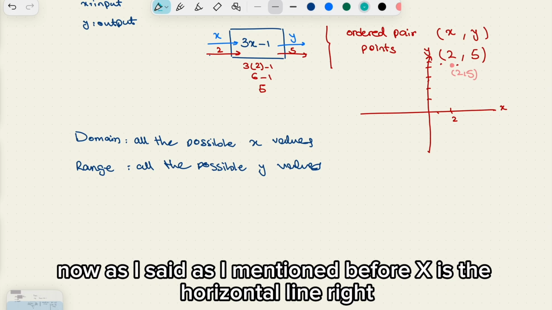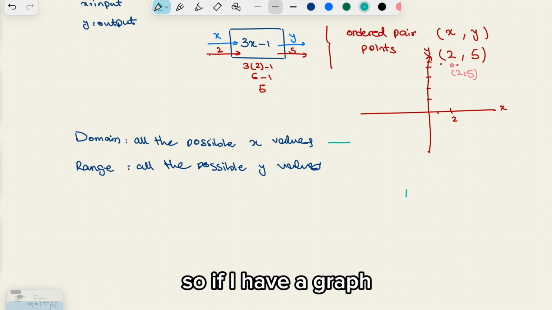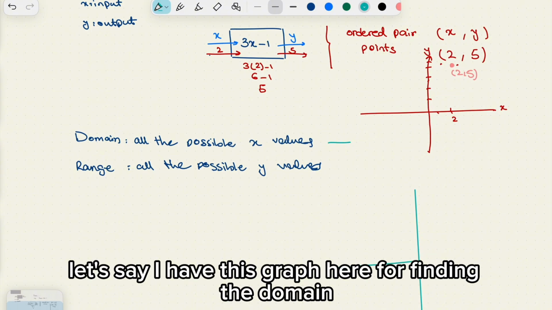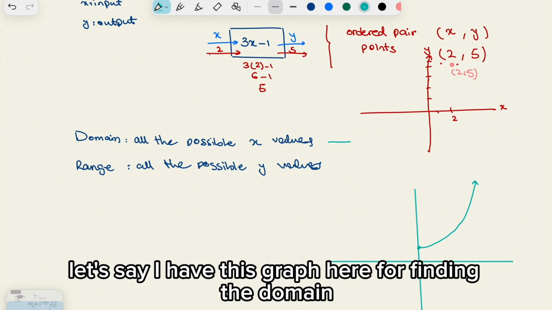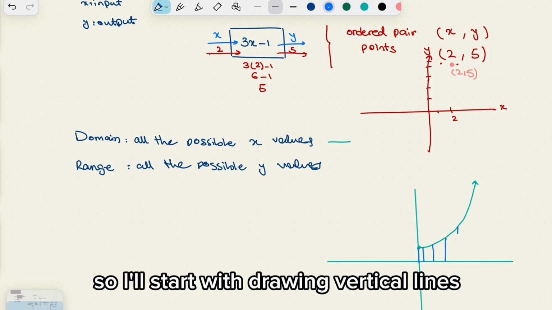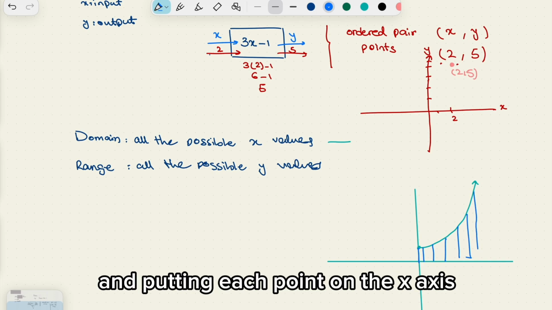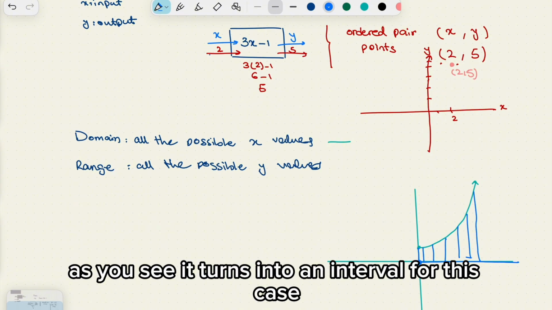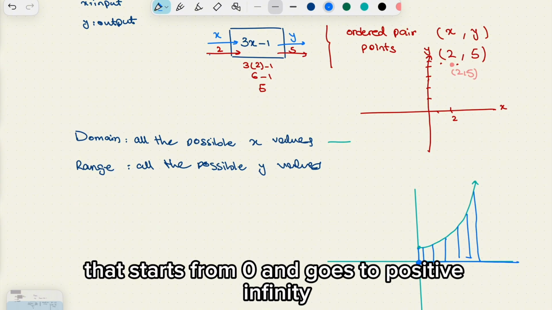As I mentioned before, x is the horizontal line, right? So if I have a graph, let's say I have this graph here. For finding the domain, I have to project that graph onto the x-axis. So I'll start with drawing vertical lines and putting each point on the x-axis. As you see, it turns into an interval, for this case, that starts from 0 and goes to positive infinity.